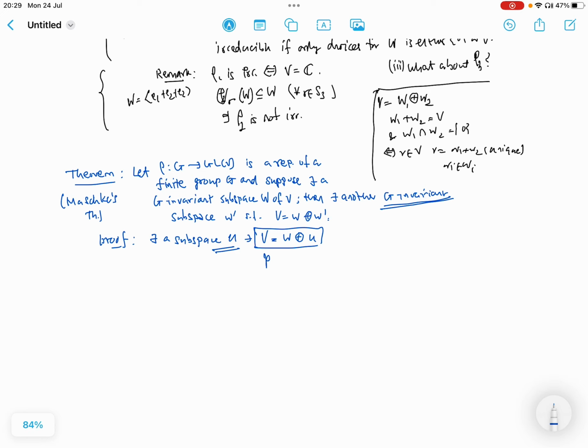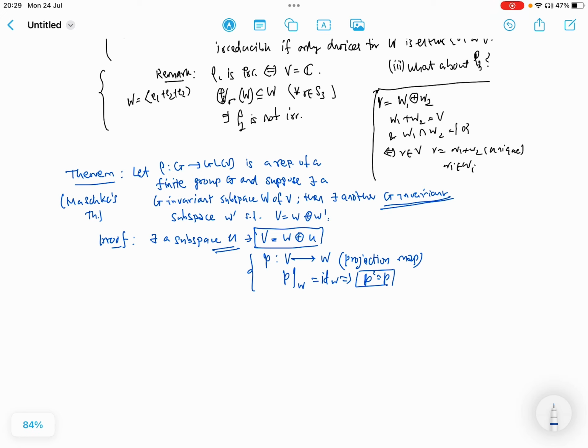So there exists a projection map P from V to W. You always have this map whenever you have a direct sum decomposition. And remember, if you restrict P to W, it acts as identity. That is the basic definition of projection. And if you just square it, you will get the same thing. So P square is P. That follows from this.